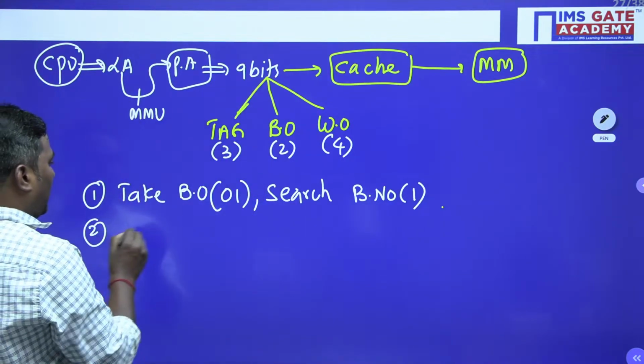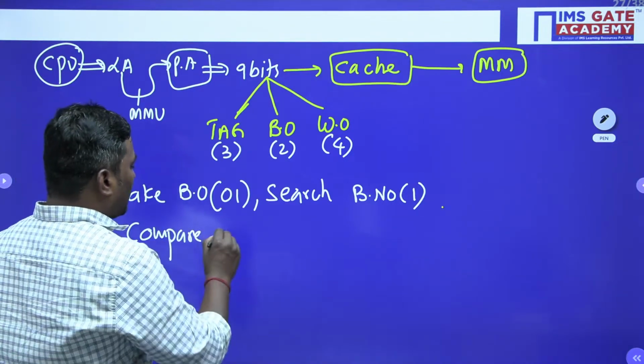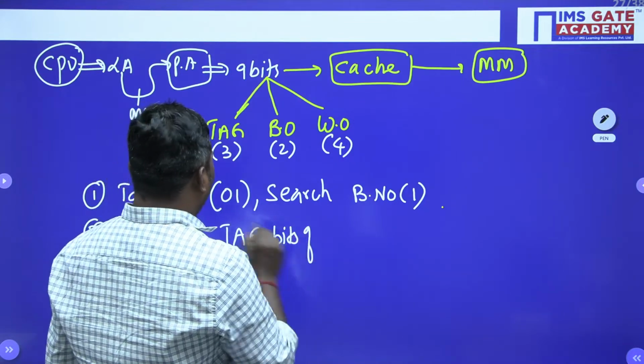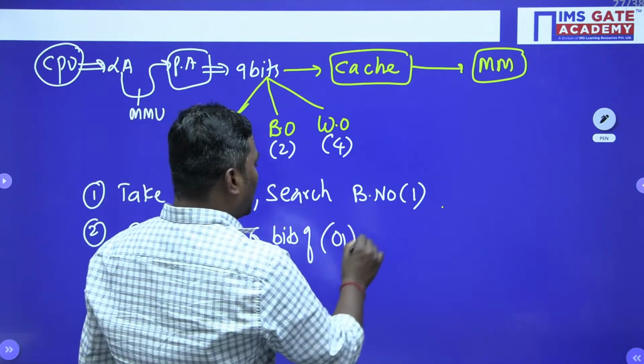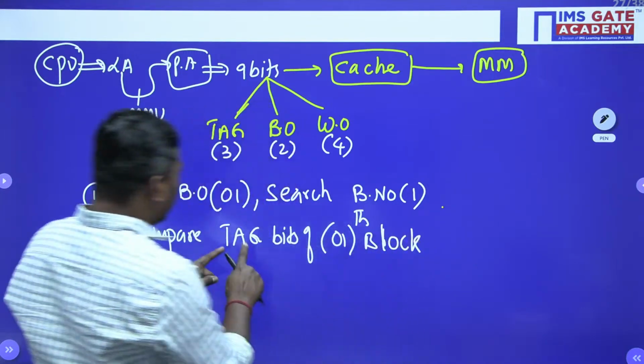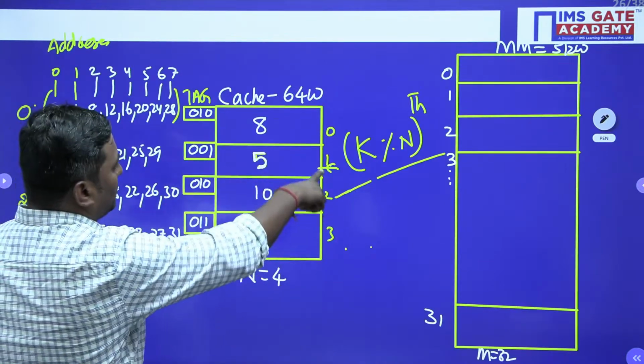Then step number 2, please understand. Okay, compare, please understand, compare tag bits. So tag bits of 0 1 block. Are you getting my point? Compare tag bits of 0 1 block means 0 1 means what? 0 1. Where is 0 1? 0 1, this one.